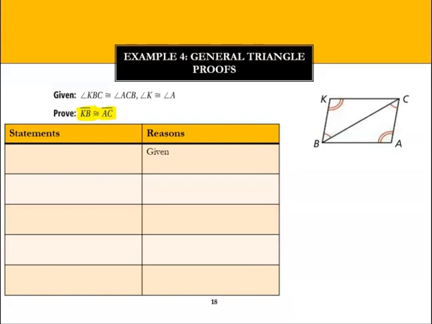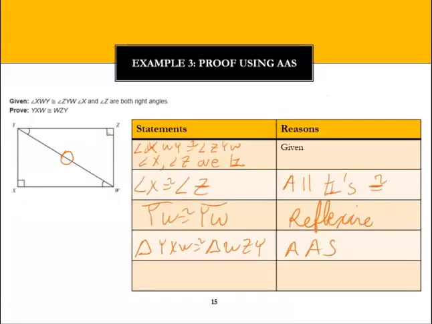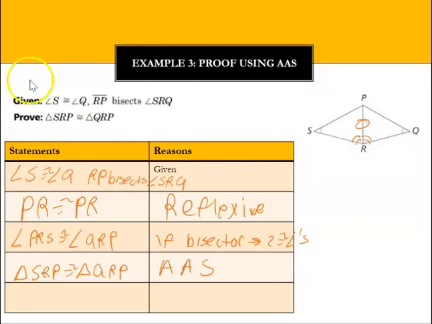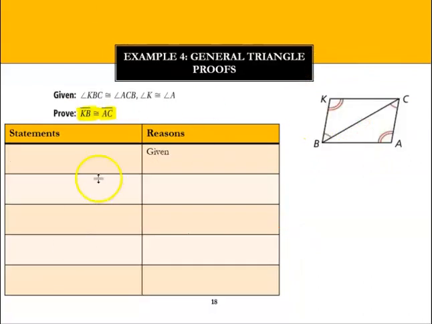So just for reference, let's look at this one. We had prove triangle SRP is congruent to triangle QRP, and we clearly have triangles. But if we look at this one, prove segment KB is congruent to segment AC. So again, that's a big clue of CPCTC.